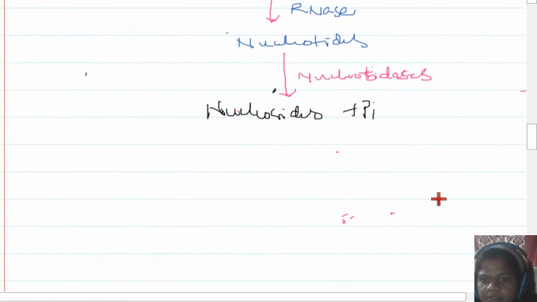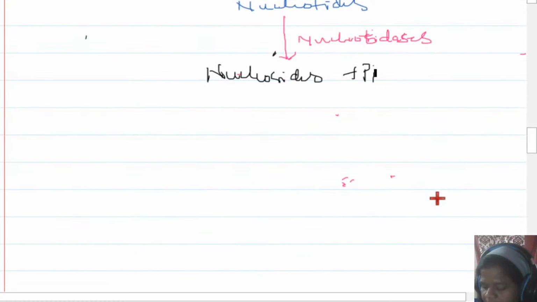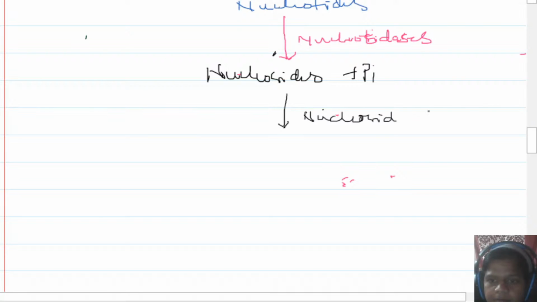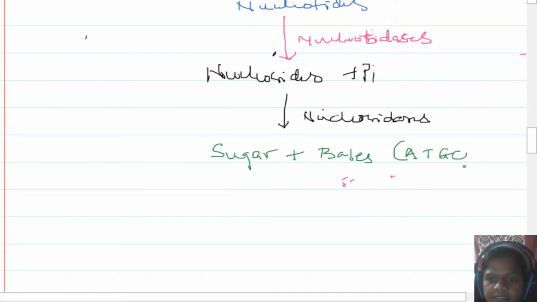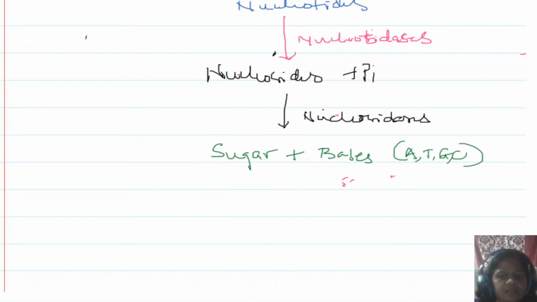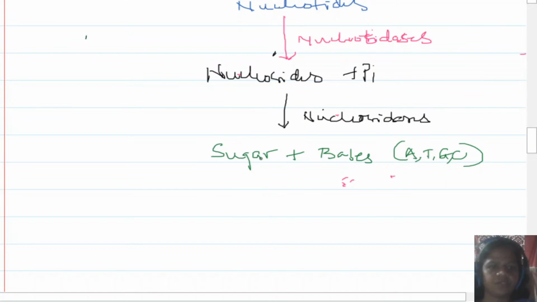And these nucleosides are acted upon by nucleosidases to produce your sugars, pentose sugars, and bases. Your A, T, G, C: adenine, thymine, guanine and cytosine. The ribose and deoxyribose sugars are present in RNA and DNA respectively.